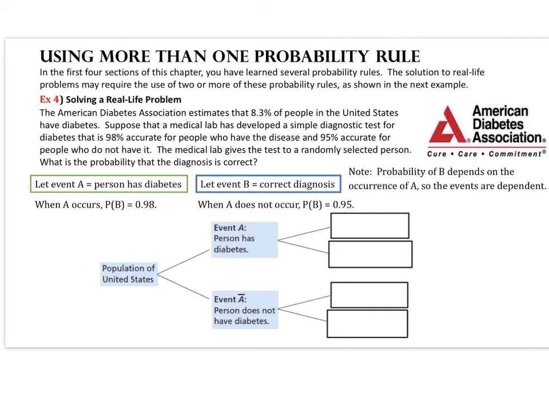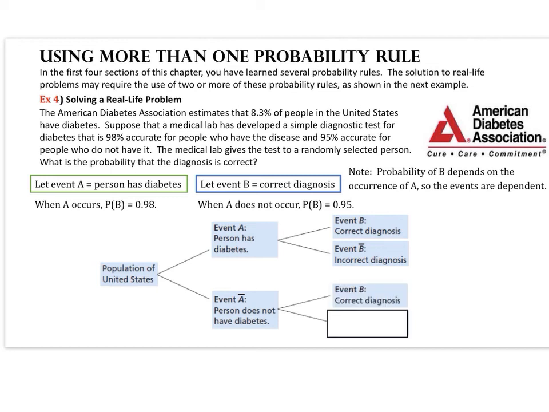The complement, remember, notation is A with the bar above it. And then if the person has diabetes, they could either have a correct diagnosis, that's event B, or an incorrect diagnosis, which would be the complement. Or if they started out with not having diabetes, they could have a correct diagnosis, event B, or they could have an incorrect diagnosis, the complement of B.